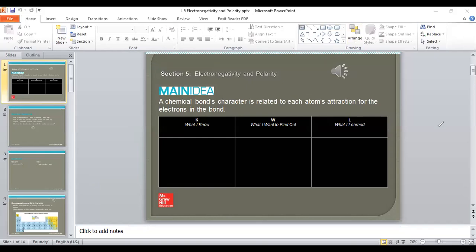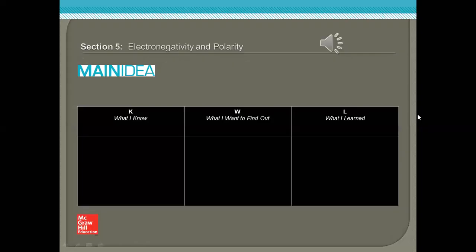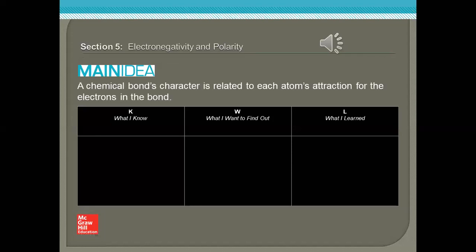Now, inshallah, this lesson that you are going to study is called electronegativity and polarity. In this lesson, we are going to learn that a chemical bond's character is related to each atom's attraction for the electrons in the bond.